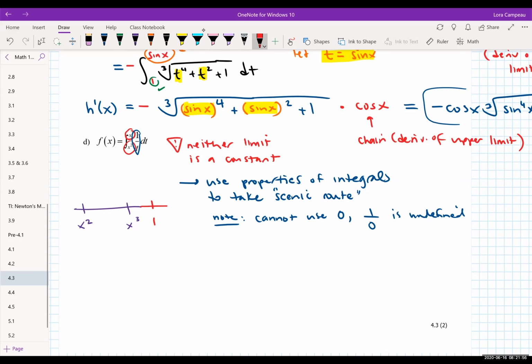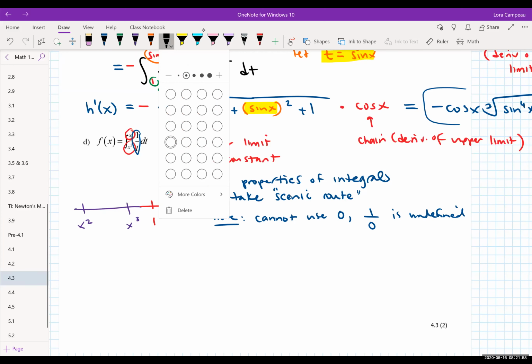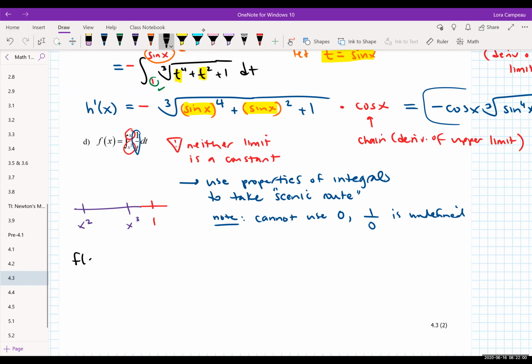Now, if that is the case, when we rewrite it, we have not taken the derivative quite yet. I still have f of x. I'm going to start off with the lower limit of integration, which in our case was x squared. But now I can pull in the scenic route. There's that 1. So I still have 1 over t with respect to t, no problem.